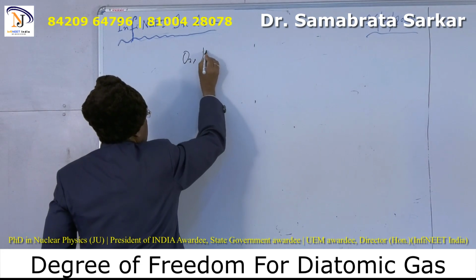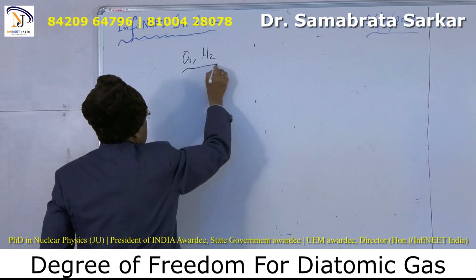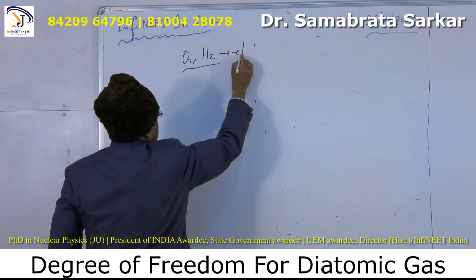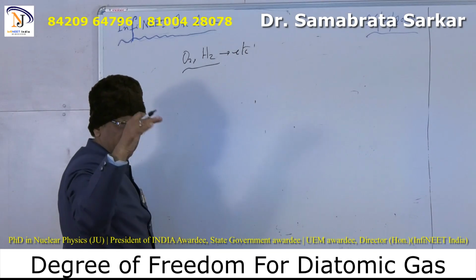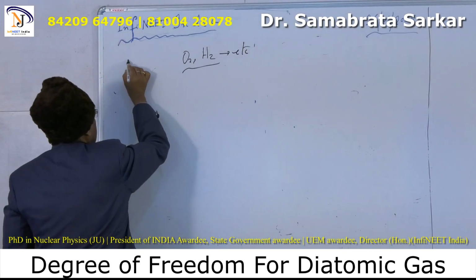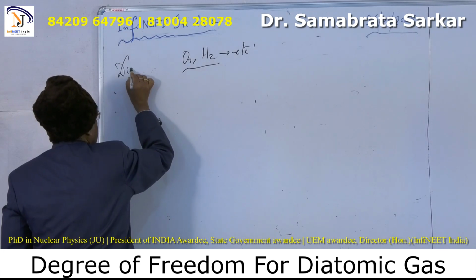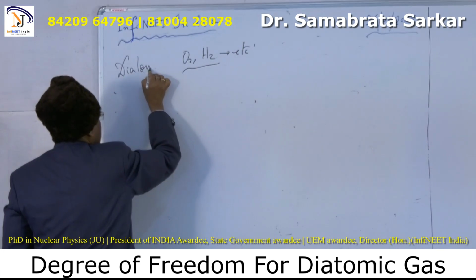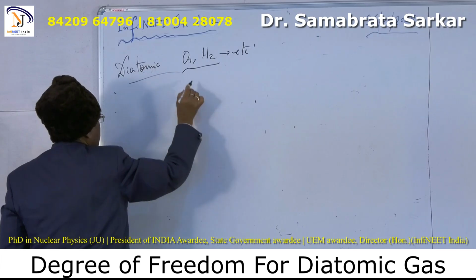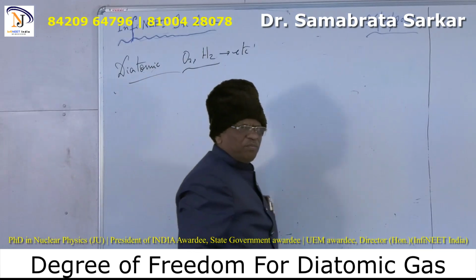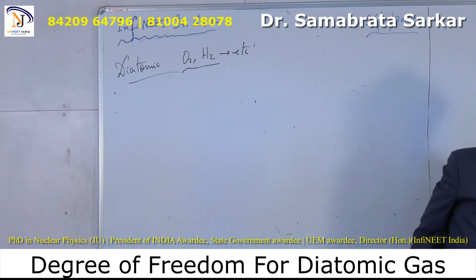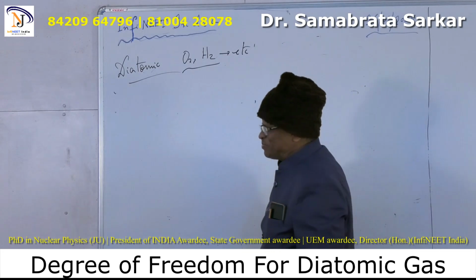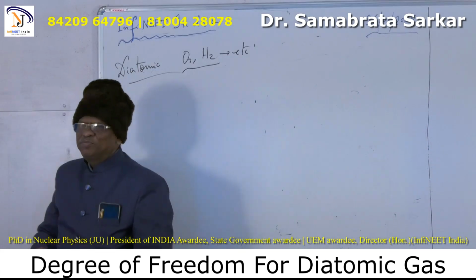O2, H2, etc. So many. Clear? Then what should be its degrees of freedom, my dear?